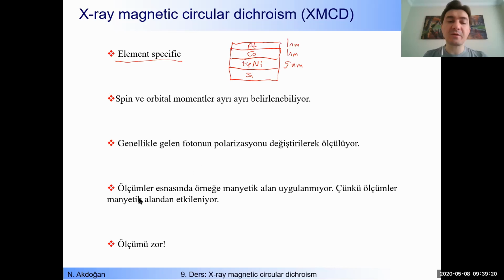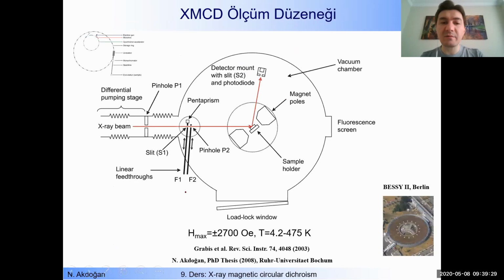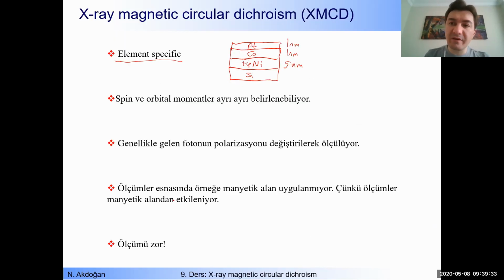And compared to the XRMS experiments, we cannot apply a magnetic field to the sample during the measurement. So remember the XRMS experiments from the last lecture. You can apply a magnetic field, but during this type of measurement we cannot, because measurements are affected by the magnetic fields. This is related to the XMCD setup.